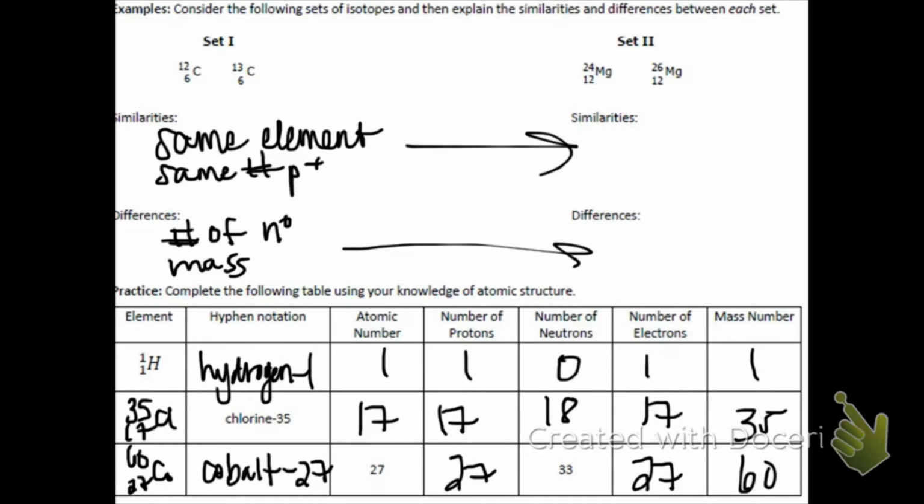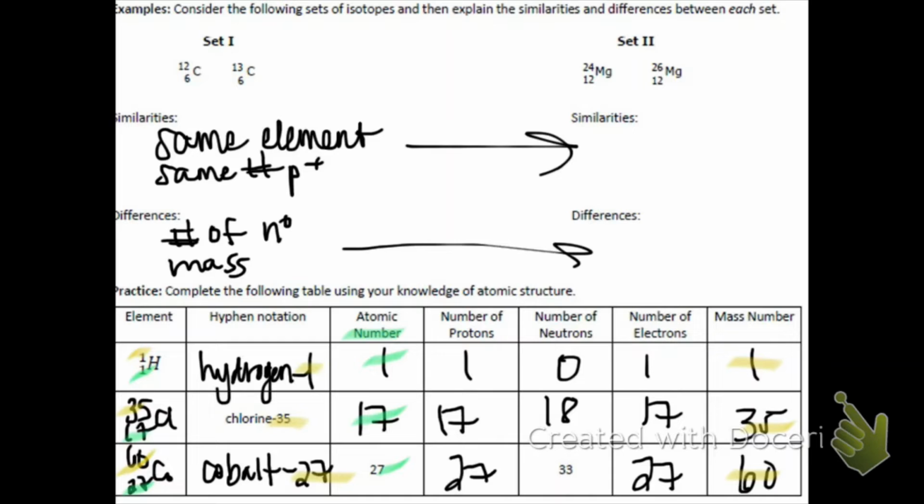On the bottom, we were writing the different notations and identifying the number of protons, neutrons, electrons, etc. So again, after the hyphen, that's always our mass number. So we can see that all those are matching. Mass number is also on top here. The atomic number is going to be this bottom number here. So atomic number, we can see all matches.